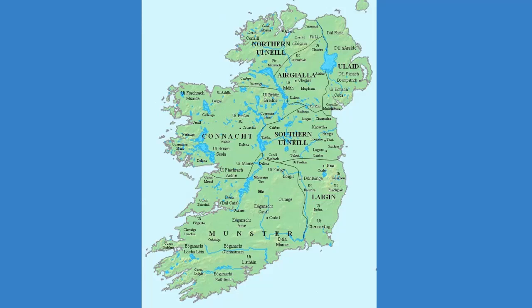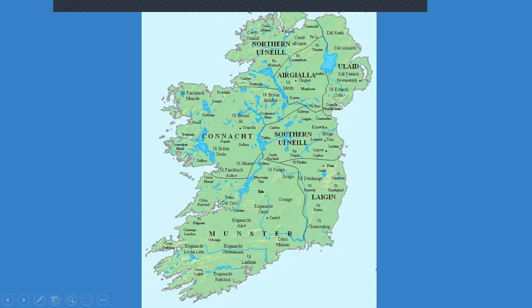No political office of a high kingship over all Ireland yet existed, and the Ui Neill, which you can see on the map there, in two groups, a northern and a southern branch, were the first to even start talking about the concept.